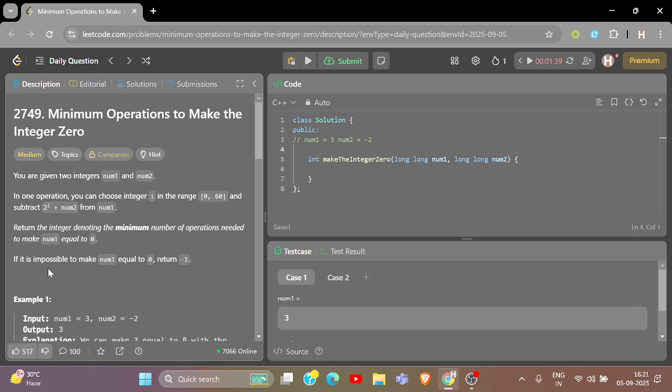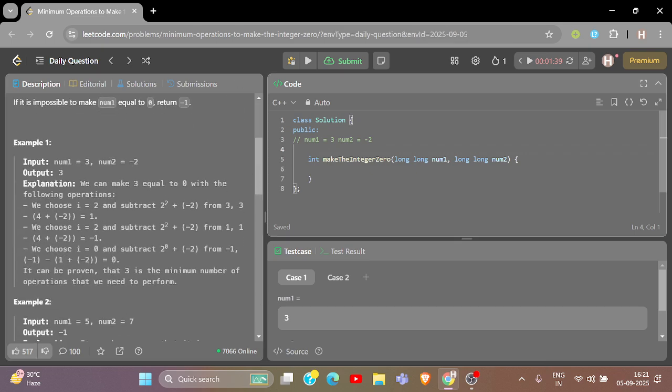So for example, in this case, they are saying that in the first operation, my num1 is 3, so I would keep it 3, and then I would take my i as 2, and do 3 minus 2 to the power 2 plus num2, and my num2 is minus 2.